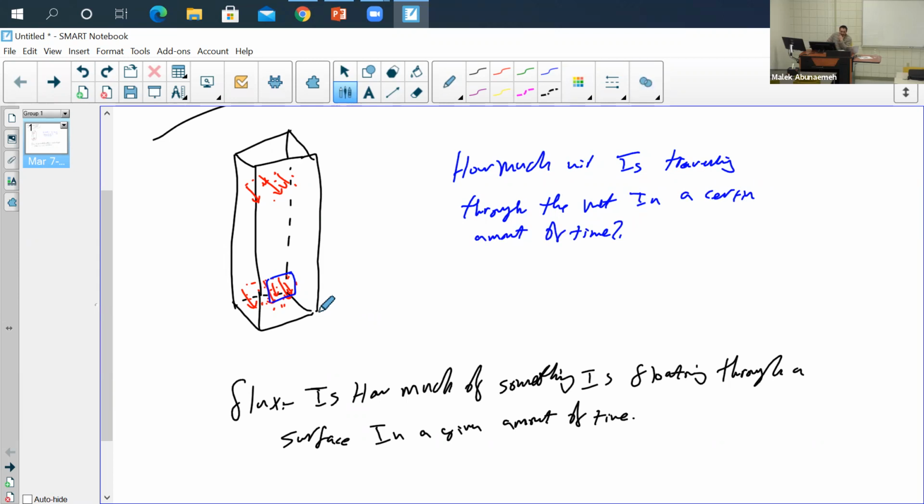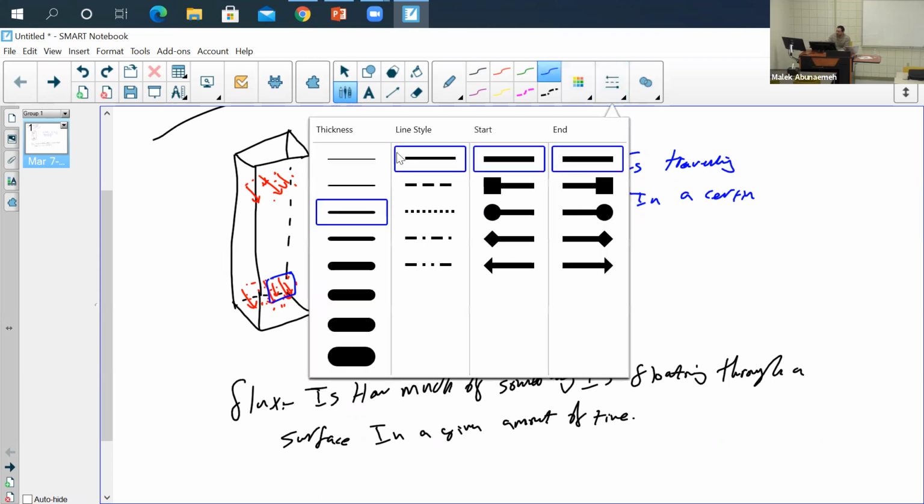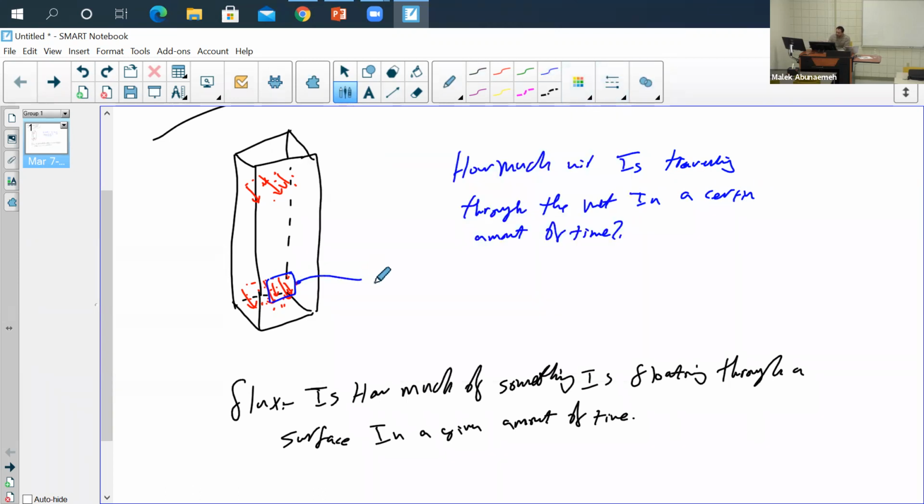That means you have the same density and a large flux. Which is going to be a large amount of flux, how much air moves through the surface.